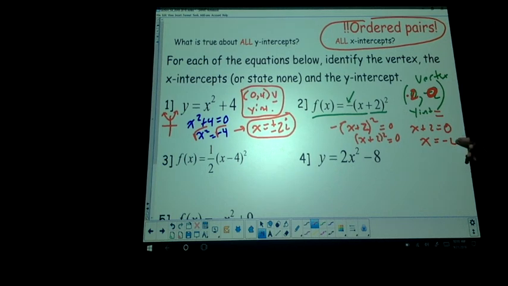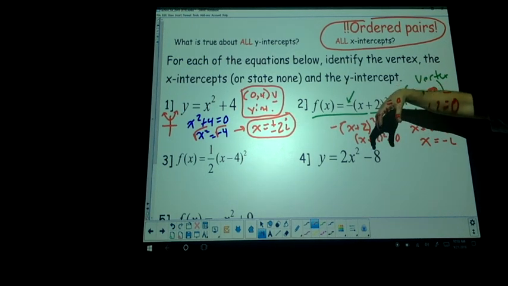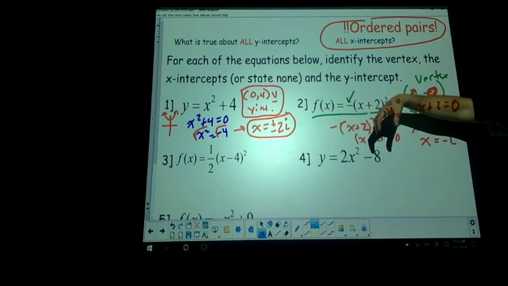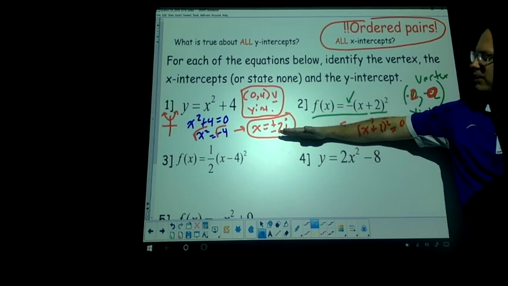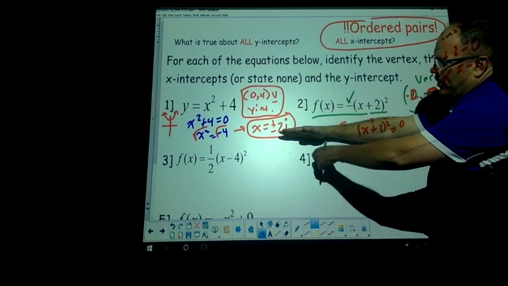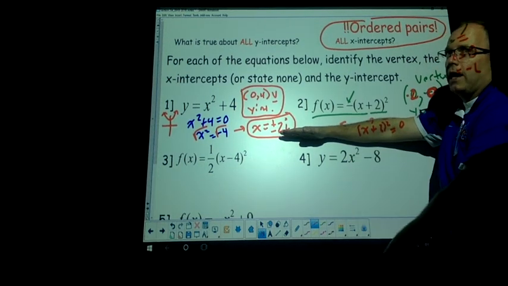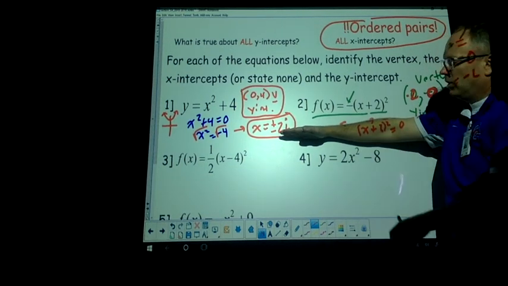How do I know where this is going to cross? This parabola opens downward, right? So if it opens down and shifted left 2, how do I find where it crosses the y-axis? If this is the x-axis like this, this is what the parabola does. It comes up, hits, comes down. Does that make sense?